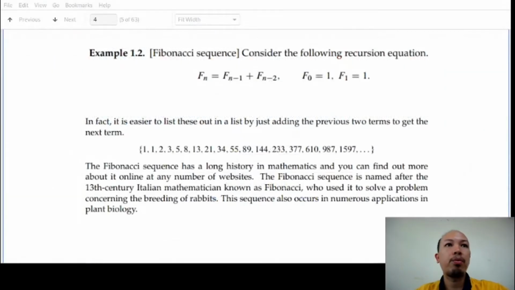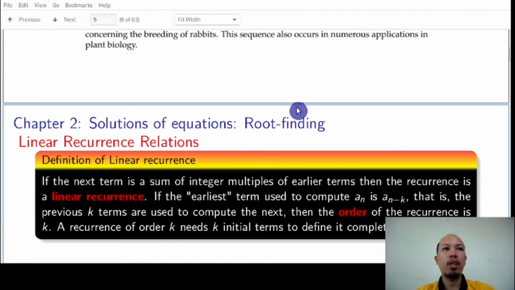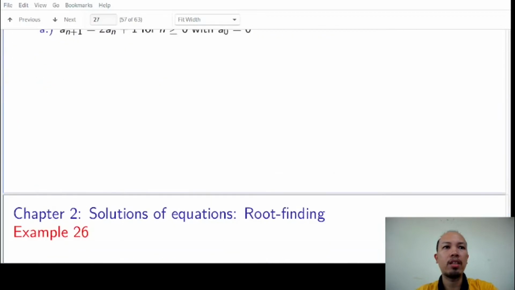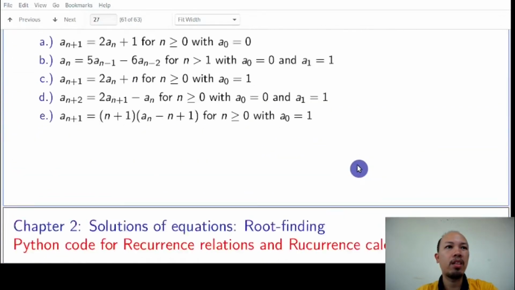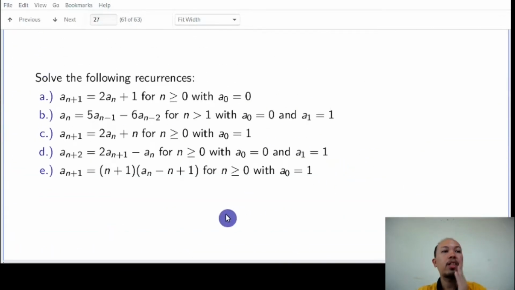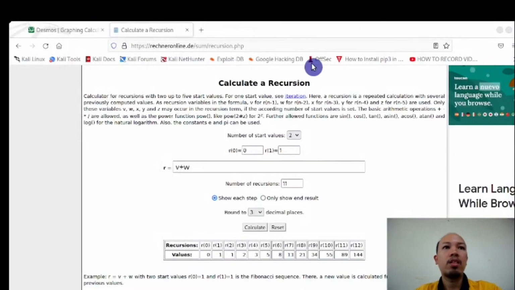How about if we go to our example 26? Where is it? This one here, example 26. Let's try letter B: a sub n equals 5 a sub n minus 1 minus 6 a sub n minus 2. Let's go to our calculator.